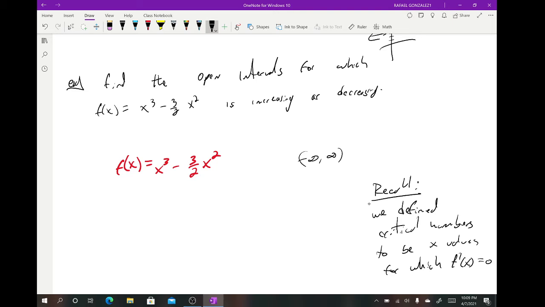So this is something that we did a while back. We have to figure out when the derivative is equal to 0 to find these critical numbers.